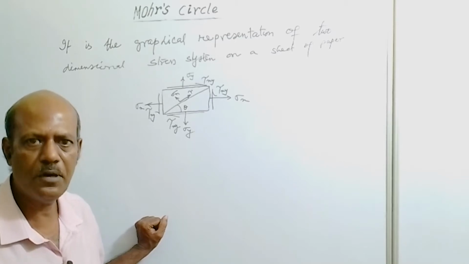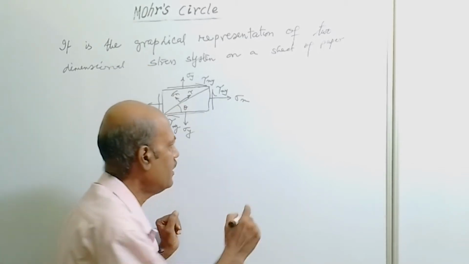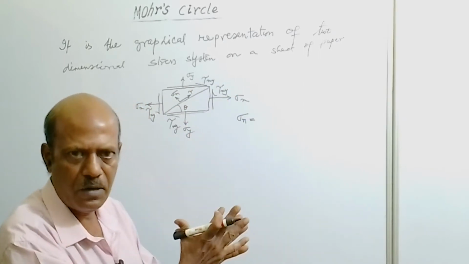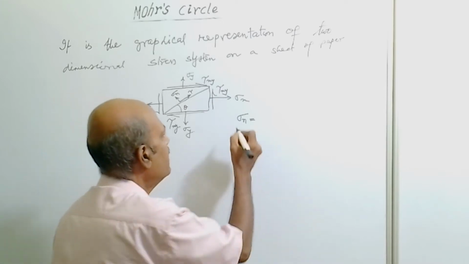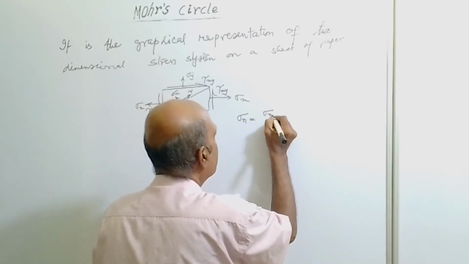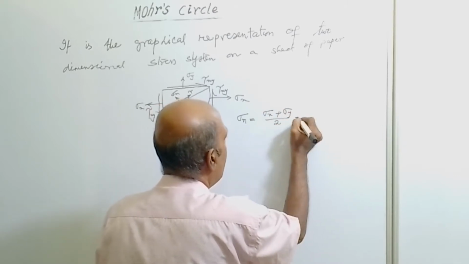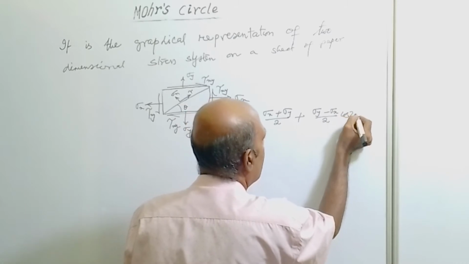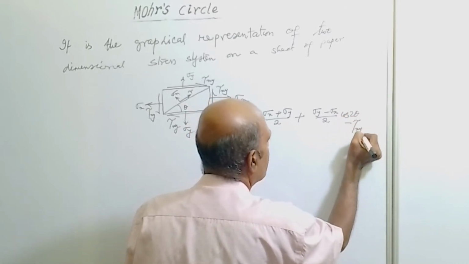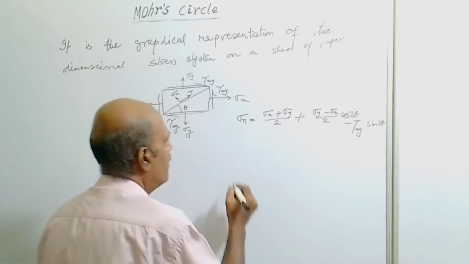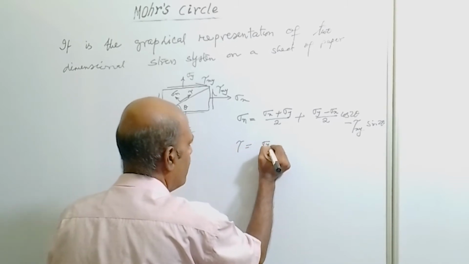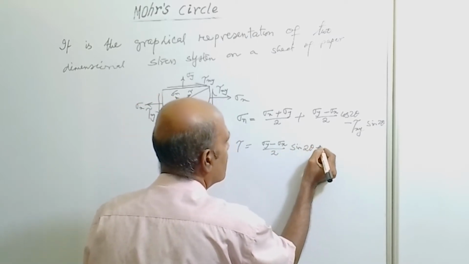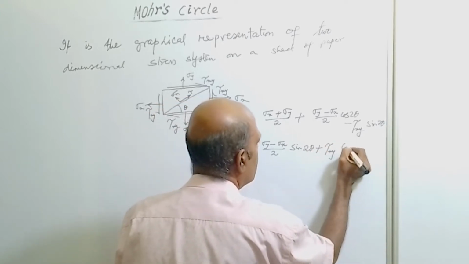We have seen in the last analysis that sigma n is given by, for this system of stresses acting on the element, sigma n is equal to sigma x plus sigma y by 2 plus sigma y minus sigma x divided by 2 cos 2 theta minus tau xy sin 2 theta, and we have got tau value as sigma y minus sigma x by 2 sin 2 theta plus tau xy cos 2 theta.